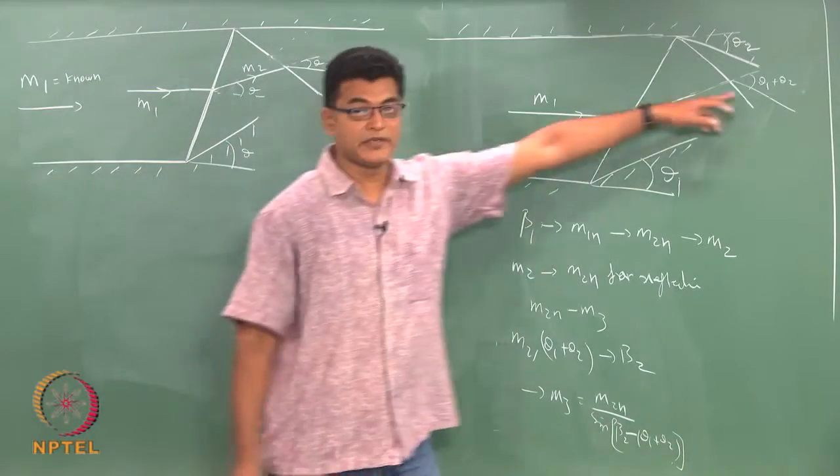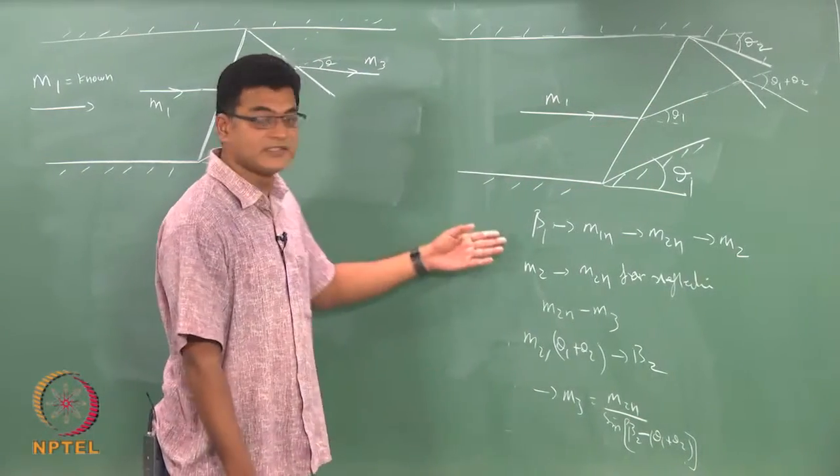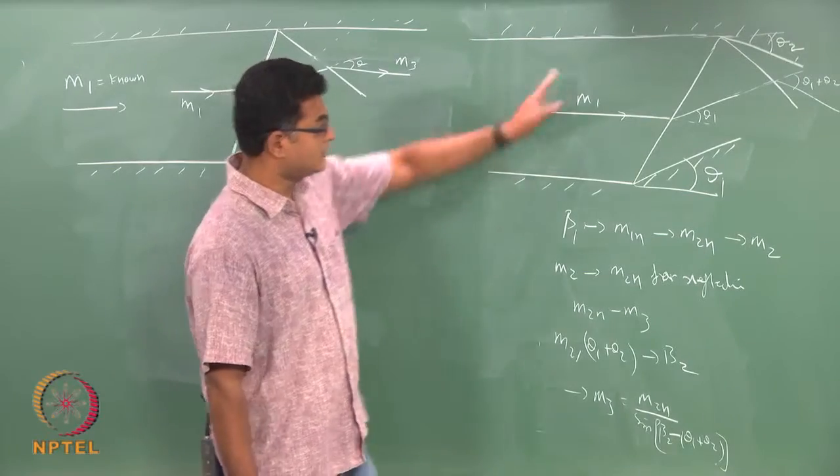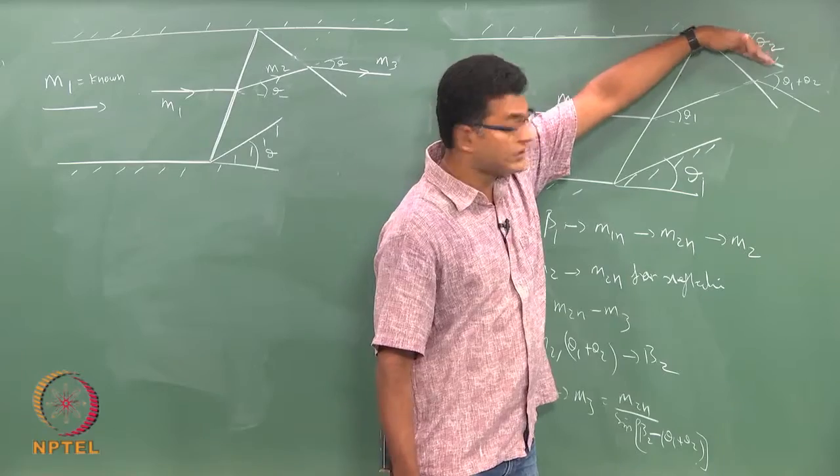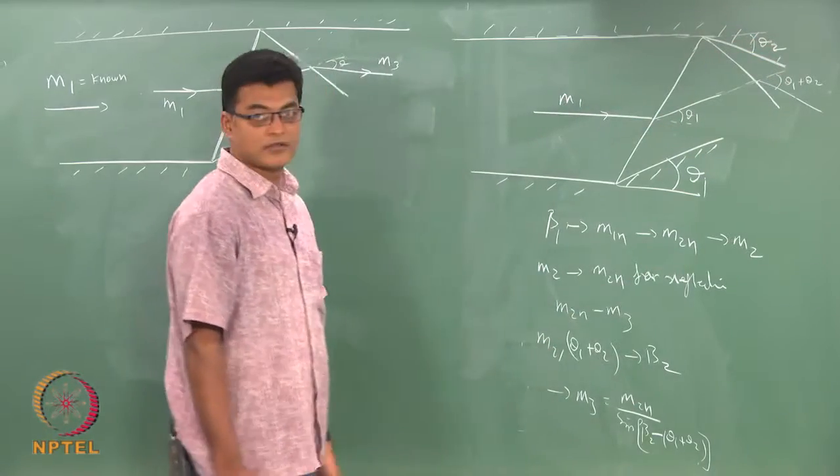So, I would get my values at M3. So, the procedure is the same thing as we have done before, just that you have to realize this angle is now turned for theta 2 also.